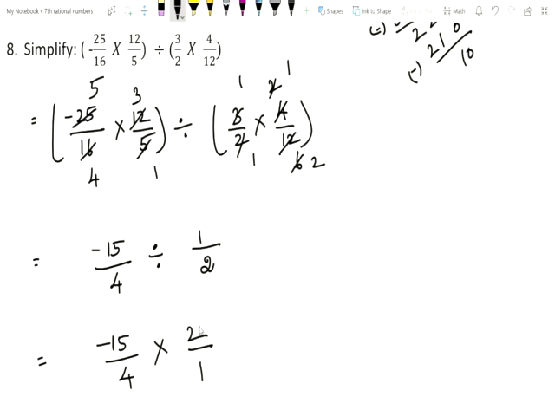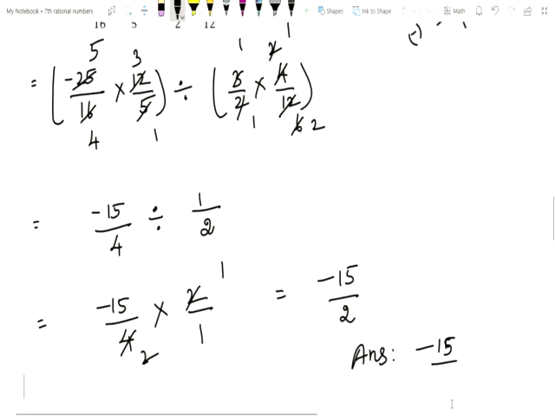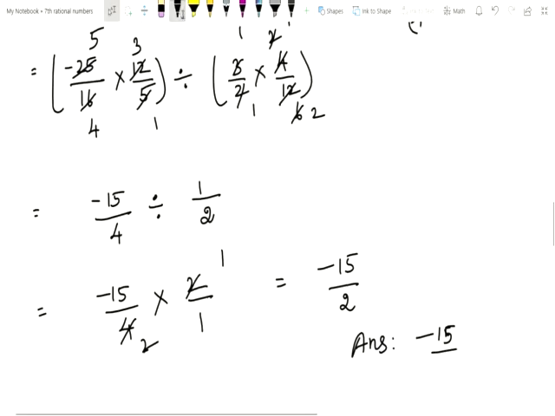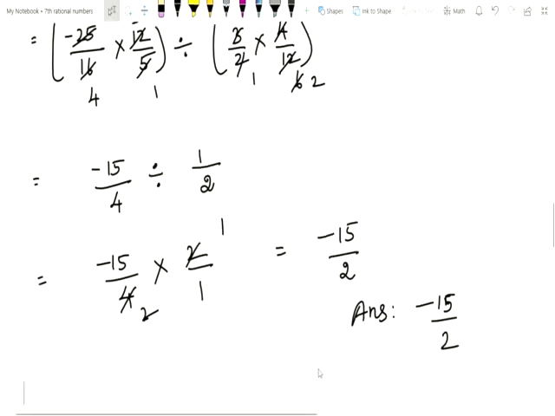Now 2 ones are 2, 2 twos are 4. So now multiply this: minus 15 by 2. So what is the answer, children? Minus 15 by 2. You understand, children? See the next one.